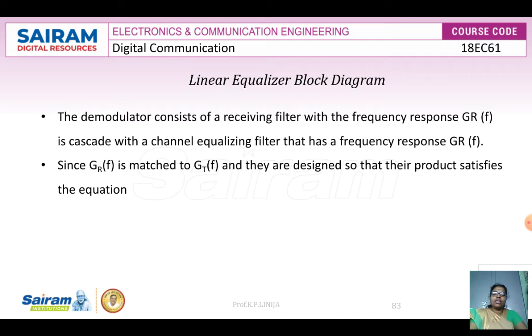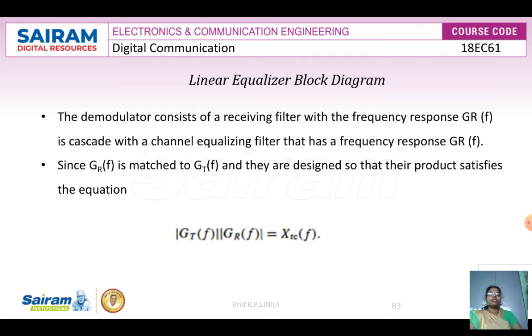Now the receiving filter frequency response GR of f should be matched to the frequency response of the transmitting filter, that is GT of f. In such a way we have to design these two filters so that the product satisfies the equation, that is, modulus of GT of f into modulus of GR of f is equal to XRC of f.